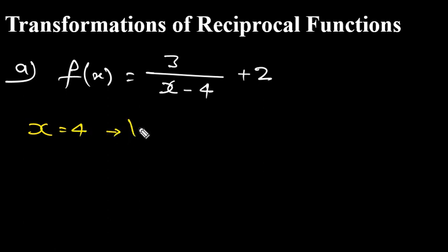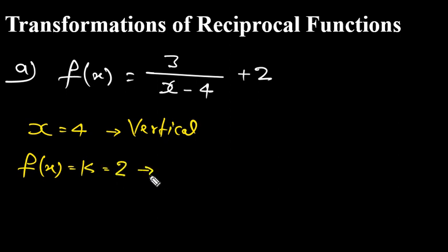Try to recall. This is your vertical asymptote. Now what about k? Here k is 2. So f of x is equal k, and k is equal to positive 2, and this is your horizontal asymptote, right? First of all, you need to derive all the information from this.